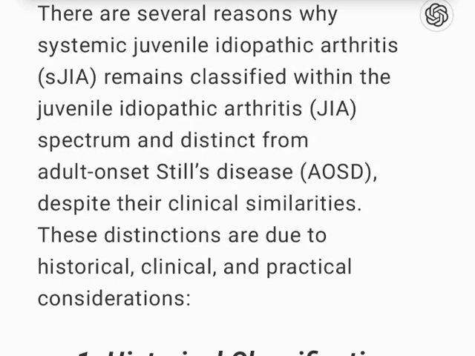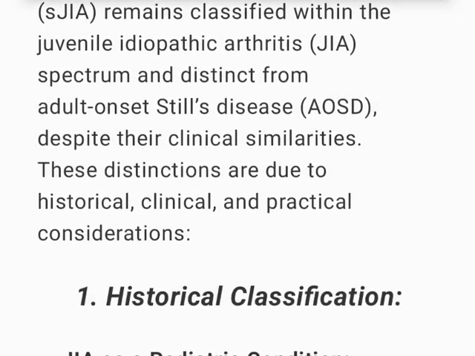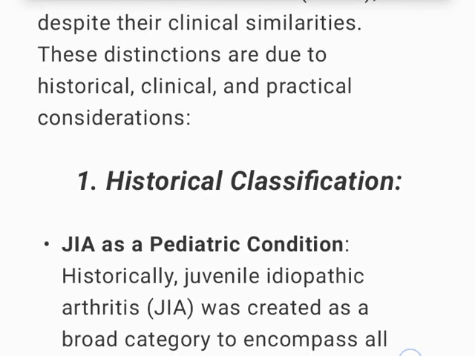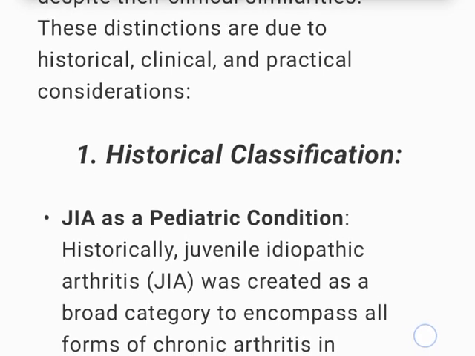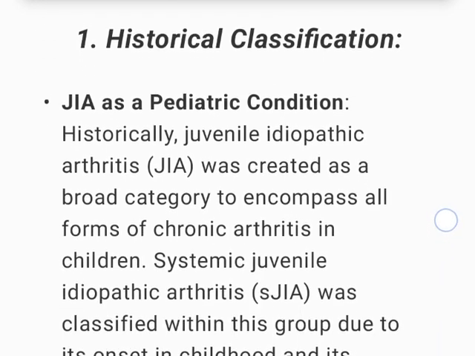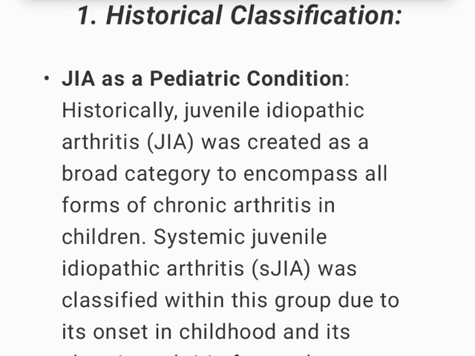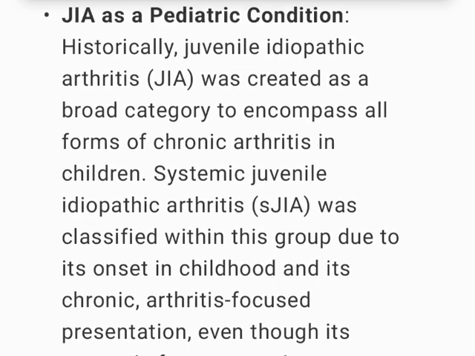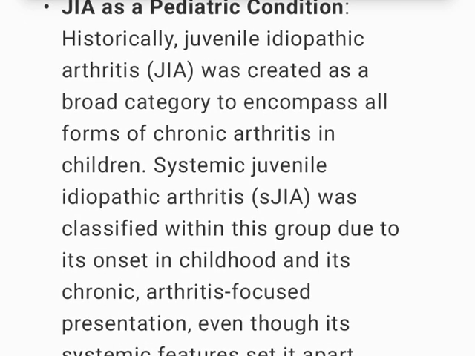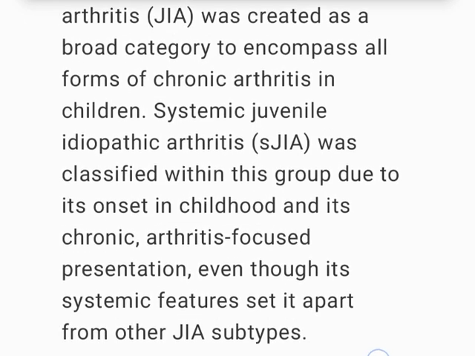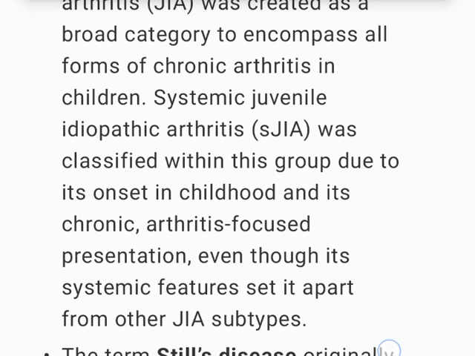There are several reasons why systemic juvenile idiopathic arthritis, SJIA, remains classified within the juvenile idiopathic arthritis, JIA, spectrum, and distinct from adult onset Still's disease, AOSD, despite their clinical similarities. These distinctions are due to historical, clinical, and practical considerations. 1. Historical classification, JIA as a pediatric condition. Historically, juvenile idiopathic arthritis, JIA, was created as a broad category to encompass all forms of chronic arthritis in children.